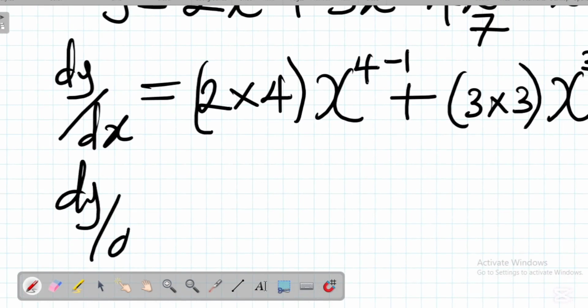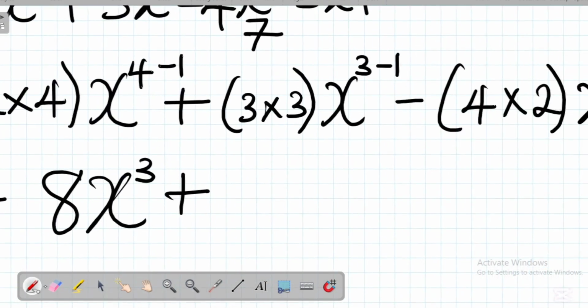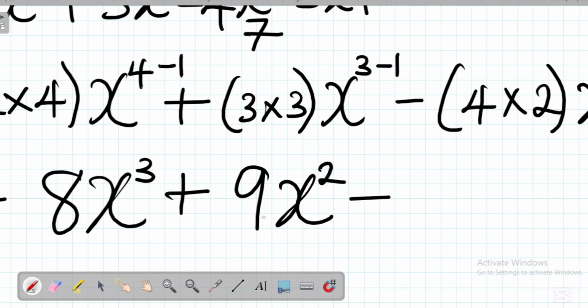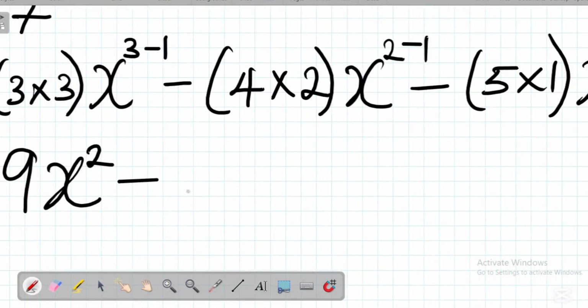So dy all over dx becomes 2 multiplied by 4 is 8. Attach x raised to power 4 minus 1 gives us 3, plus 3 multiplied by 3 is 9. Attach x raised to power 3 minus 1 is 2, minus 4 multiplied by 2 is 8.